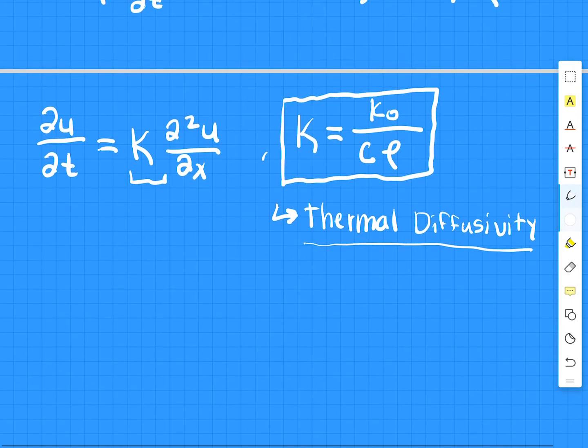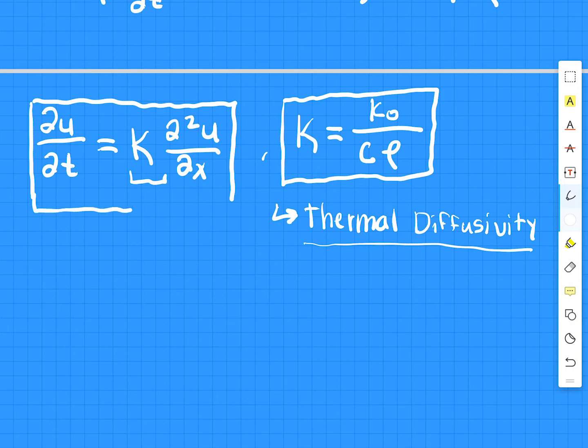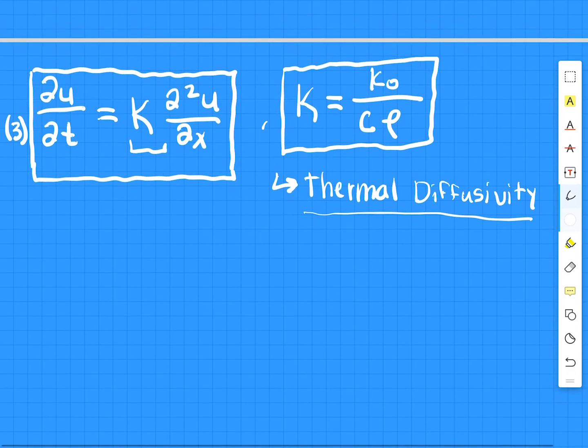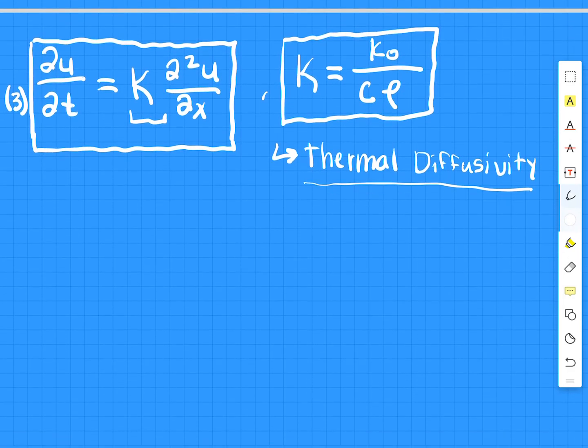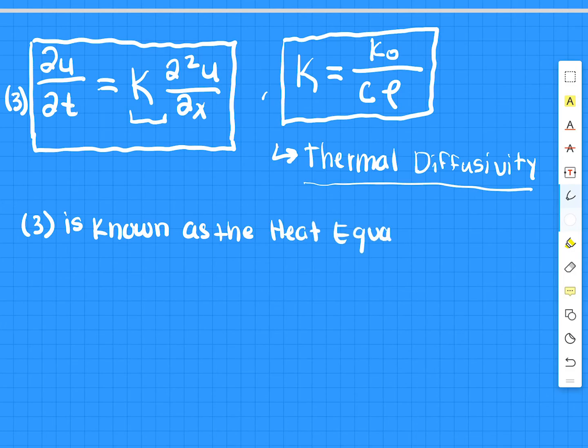Let's go ahead and box this, and we're going to call this equation number 3. Now, some interesting things to note about equation 3. Equation 3 is known as the heat equation, as you could imagine.